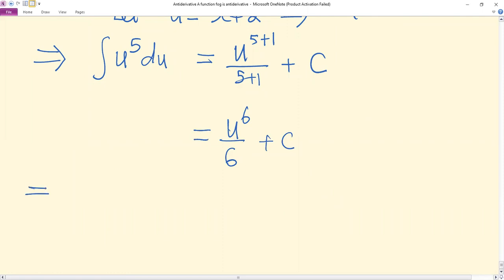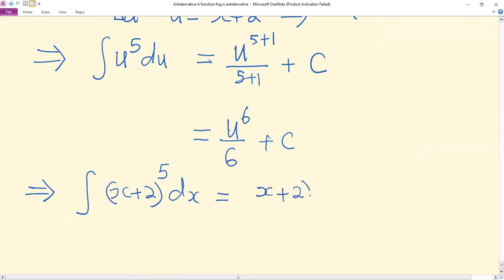So the original integral of x plus 2 raised to power 5 dx is the same as, replacing u by what it was initially, x plus 2, raised to power 6, divided by 6, plus constant c. So that will be the solution to that problem.